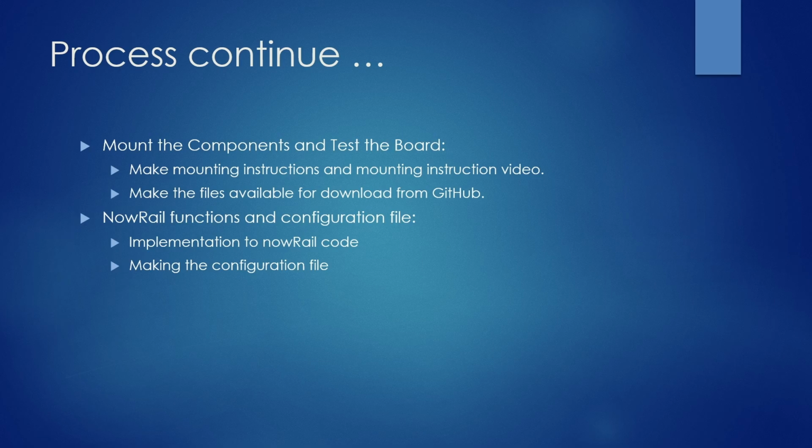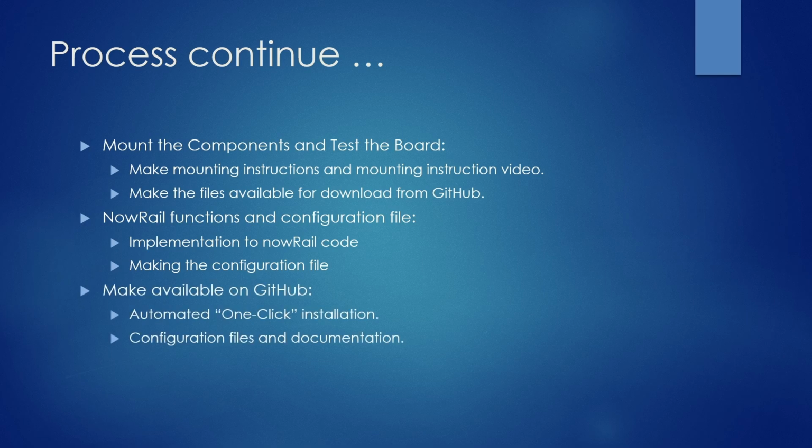This part will take some time to finalize. After testing the configuration files, documentation, and the one-click installation, it will be published at GitHub. The installation will install both the latest version of nowRail and the WICS extension for the board. Now it's ready to run.